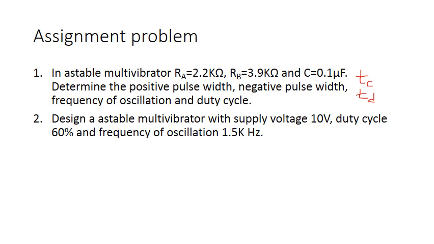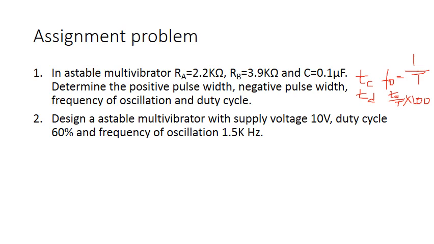Then frequency of oscillation, F naught. We have seen in the previous section the equations. 1 divided by T is your F naught, T is TC plus TD. Then duty cycle also we have seen, TC by T into 100 gives you the duty cycle.